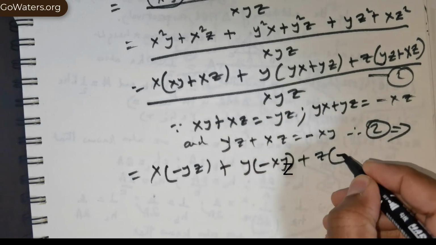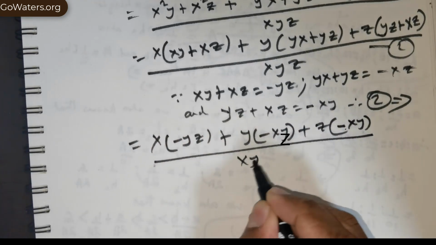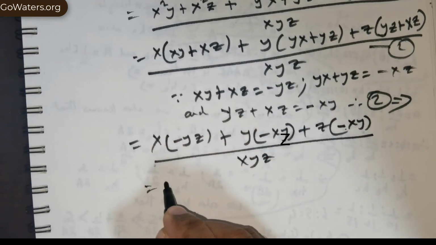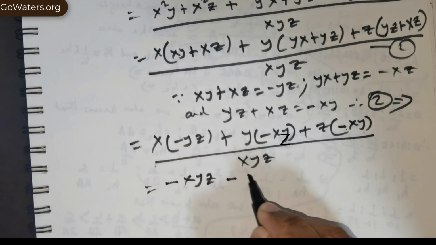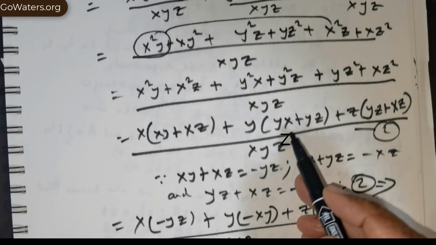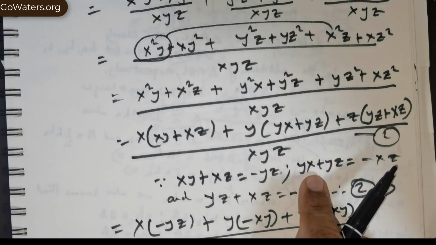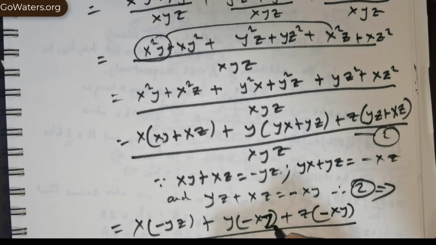So I will have to substitute this one, negative xy, divided by xyz. So this is going to be negative xyz, negative, this is actually yx + yz, that's going to be xz, this is xz.